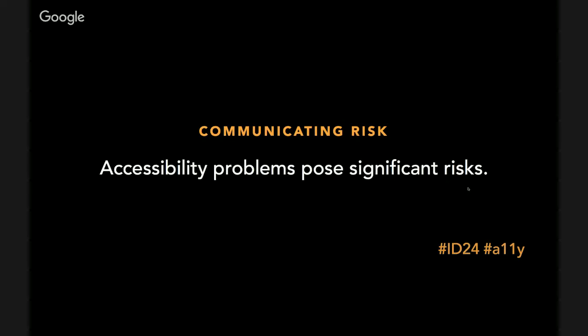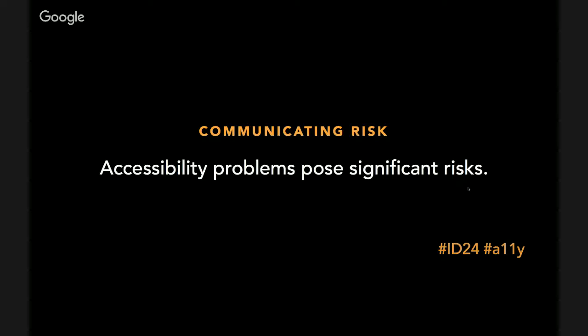So with PMs, risk mitigation is a big part of the job. Understanding the scope and understanding risk of not meeting a deadline or not meeting a requirement. And there are some outside risks that PMs can help folks become aware of, and that's with accessibility.